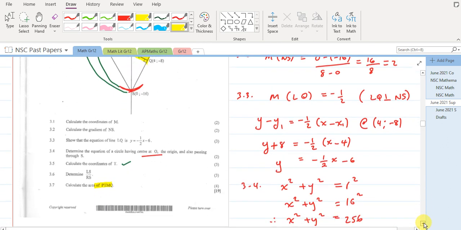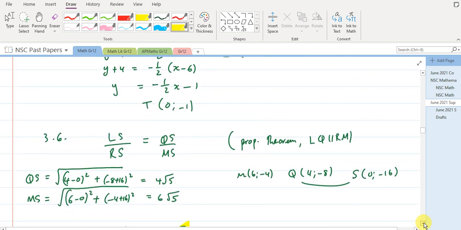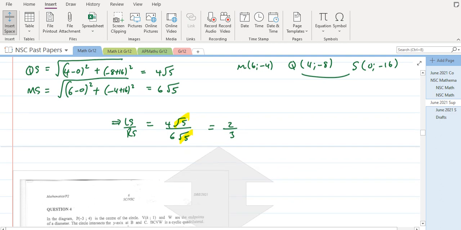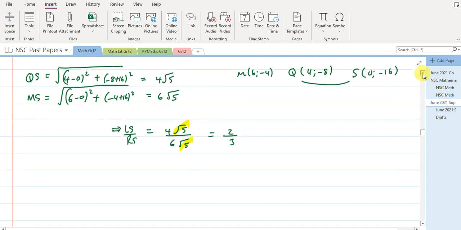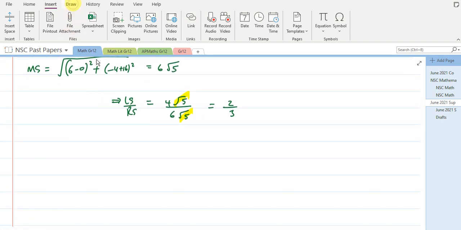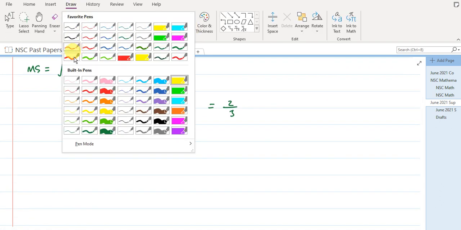So half sum of parallel sides. So what's the area of a trapezium? Easy peasy formula. You can look at 3.7.